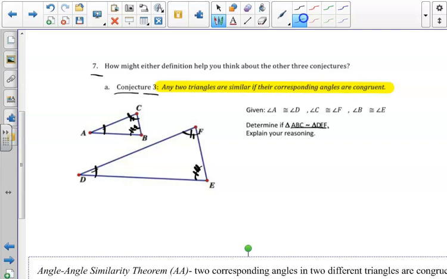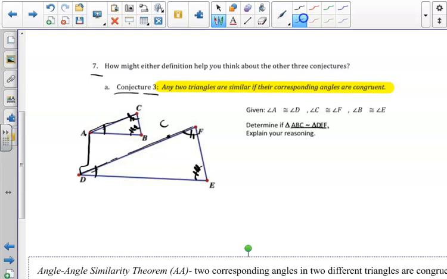So if we think about our transformations from the previous one, we can translate point A so that it coincides with point D. Then what will happen is side length AC, which is here, will lie on top of side length DF, and point C will be somewhere on line segment DF.